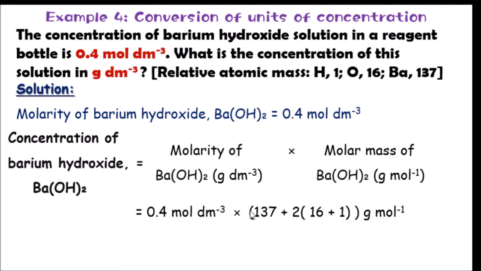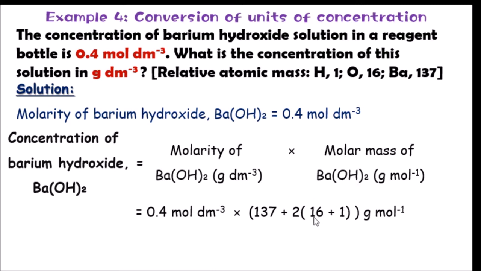So you will have 0.4 mole per dm cube times the molar mass. Ba is 137 plus, here we have bracket 2. So that means you have double of oxygen and hydrogen. So put a 2 in front of the bracket. Inside it, oxygen is 16, hydrogen is 1.